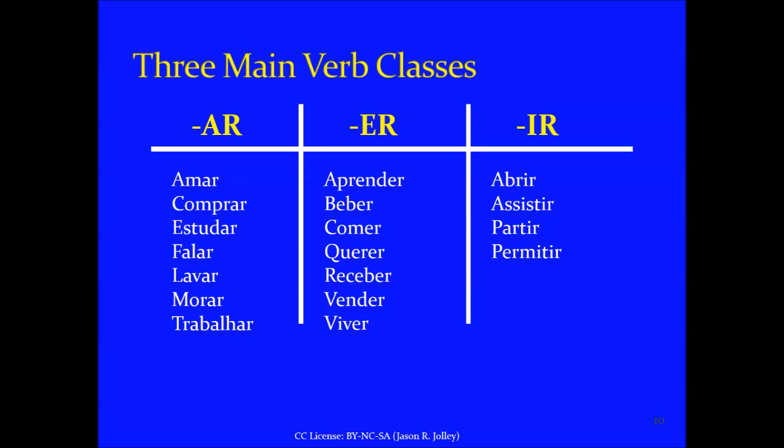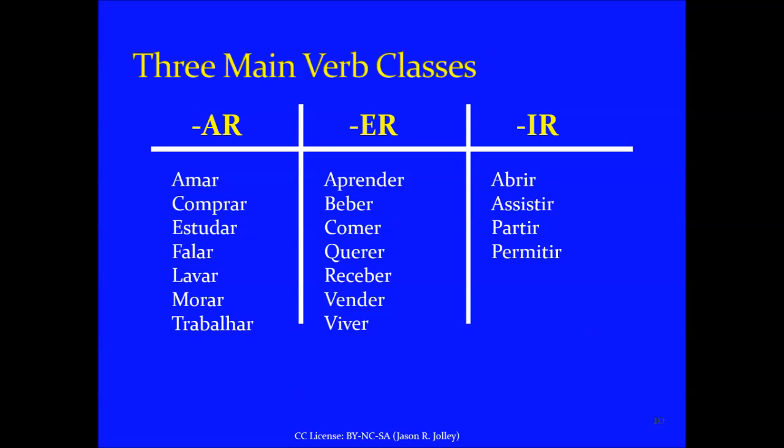Alright, before we take a look at how to generate the 4 forms that correspond to the 4 subject position categories we saw in the previous slides, I wanted to introduce a few verbs so that you can see Brazilian Portuguese has 3 main classes or types of verbs. Verbs ending in AR, such as amar, comprar, estudar, falar, lavar, morar, e trabalhar.